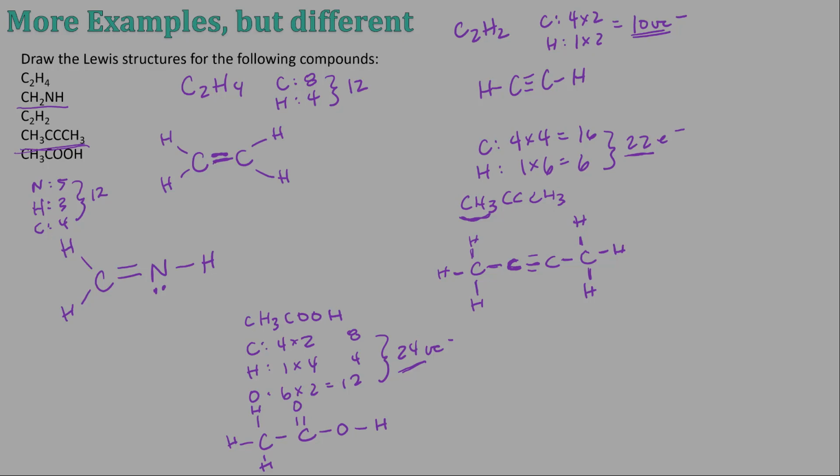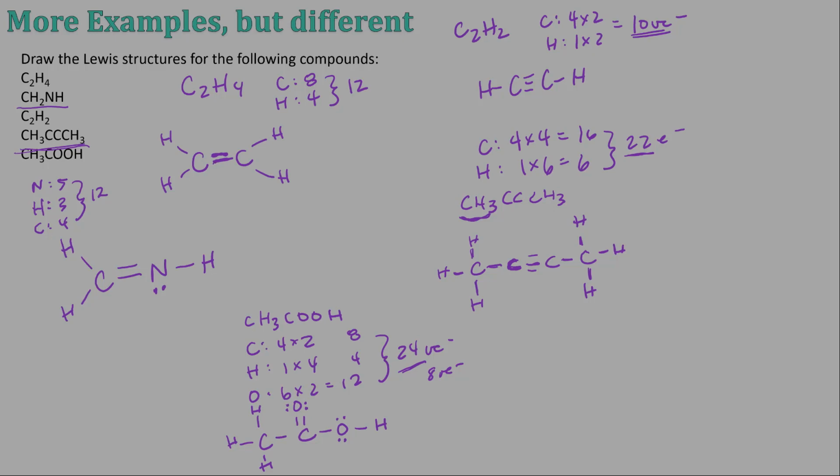So that means that I've got 8 valence electrons left, and all my carbons look good. Hydrogen is fine, but the oxygen here needs 2 more pairs of electrons, and the oxygen here needs 2 more pairs of electrons. And so that is all 8. And so that's what the structure would look like.